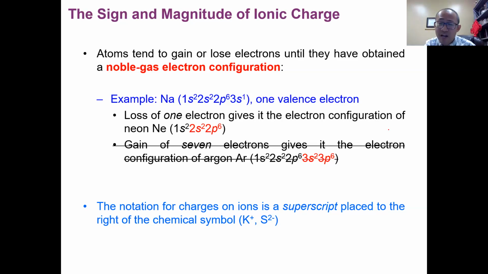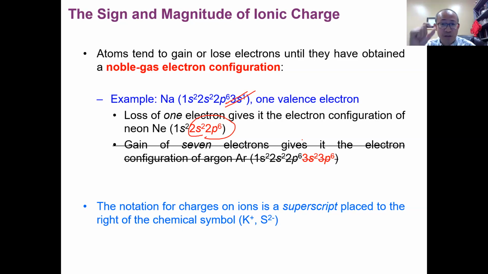You can see that sodium, because of 1 electron, has 2 options in order to achieve noble gas configuration of 8. One is to lose that 1 electron in the third shell. After losing it, the outside becomes 2s2, 2p6, right? There's no 3s1 anymore. And that is the noble gas configuration of neon.